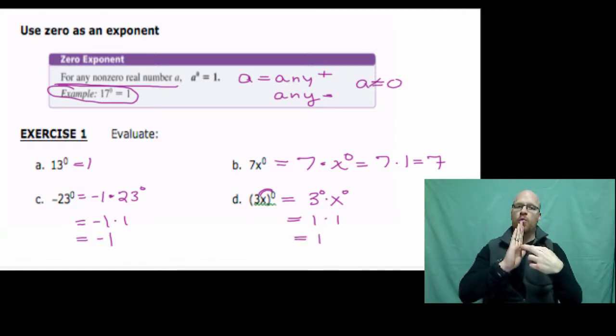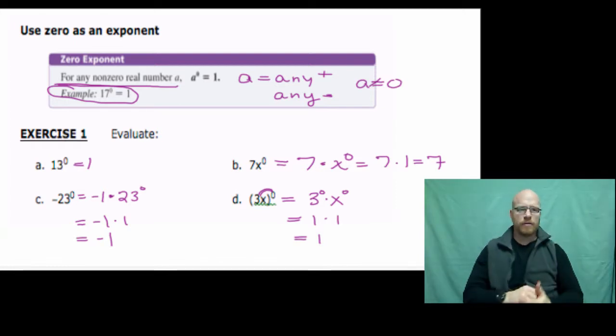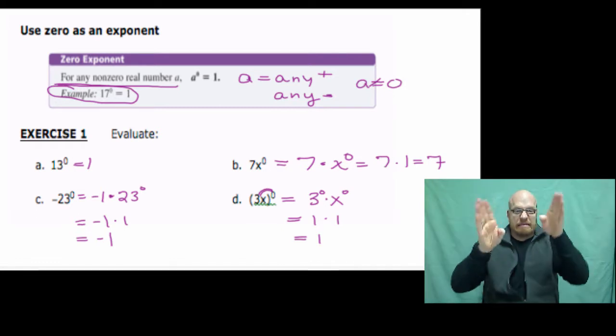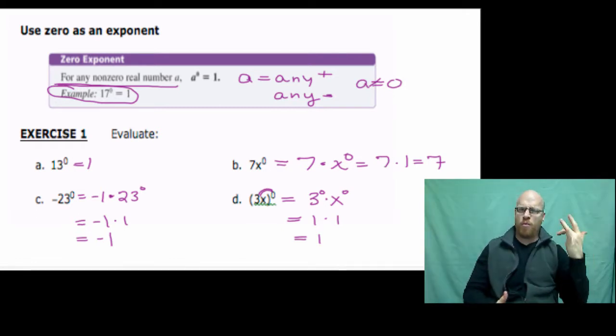I expanded it to show how the rule works, and why it's different than the previous rule on B, 7x to the 0, as compared to the quantity, parentheses, 3x to the 0 power.